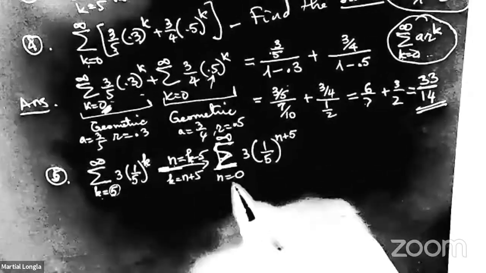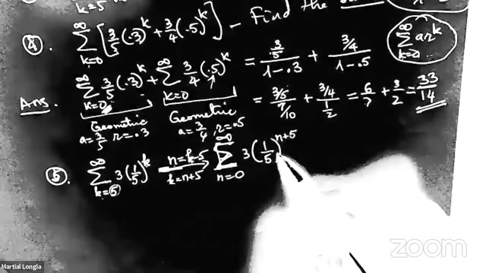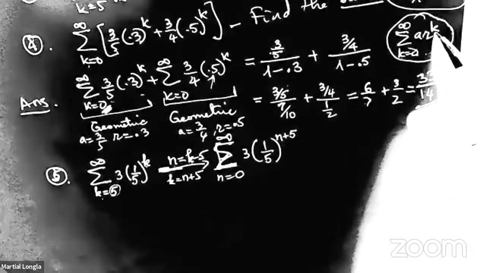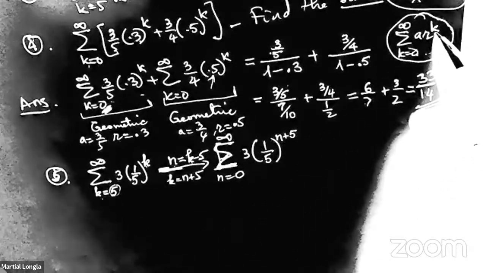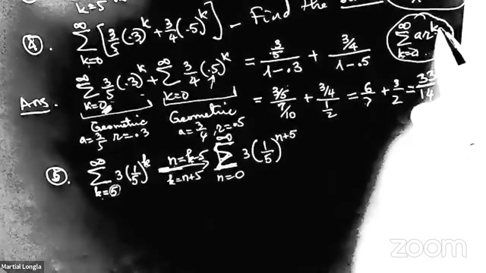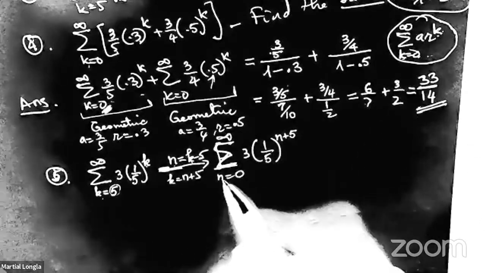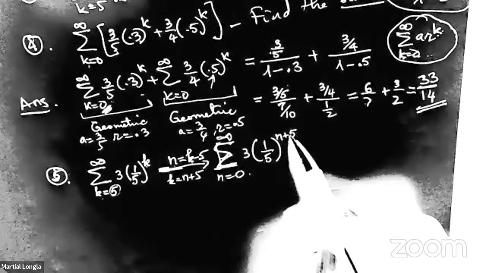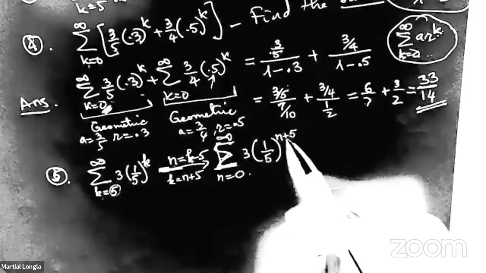Now you see that it starts at 0, but the top power is not n. If it's n here, you've got to have n there. You've got n starting at 0, good, but the power is not n. So you've got to remove the extra powers from here.